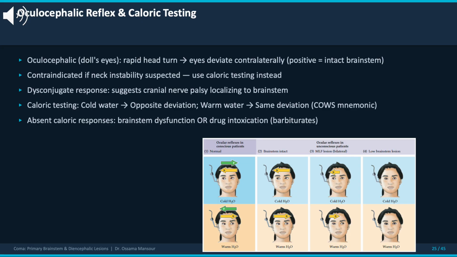The mnemonic COWS, cold opposite, warm same, is used to remember the fast phase of nystagmus that occurs in awake patients. In comatose patients with intact brainstem function, you see only the slow phase, tonic deviation, without the corrective fast phase. Absent responses to caloric testing indicate either brainstem dysfunction or certain drug intoxications like barbiturates.